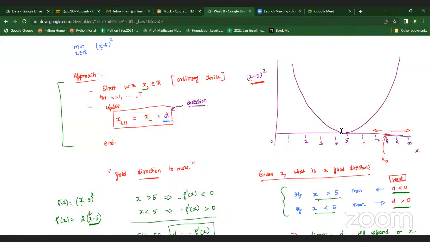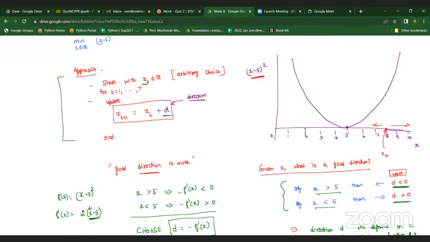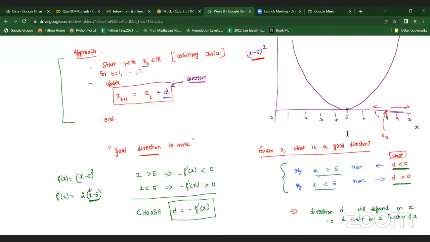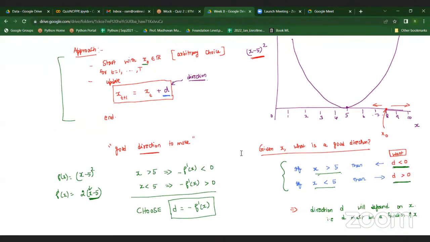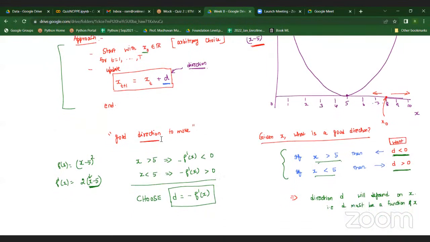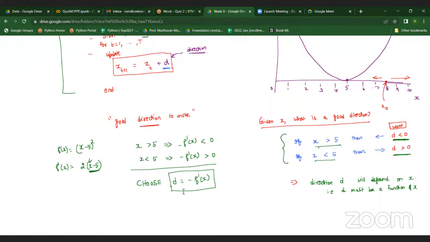From that point you should move towards the actual solution. If you are at 2, you should move right; if you are at 8, you should move left, because x equals 5 is the solution.